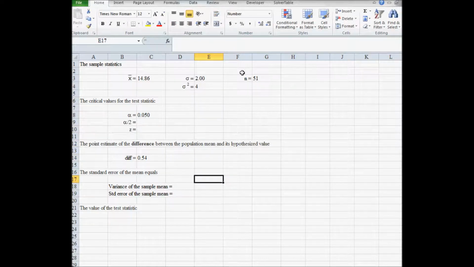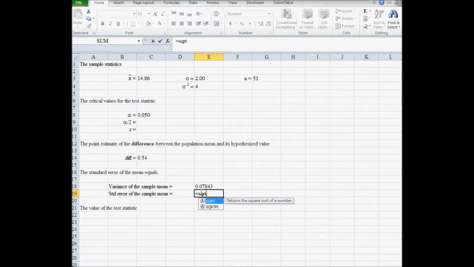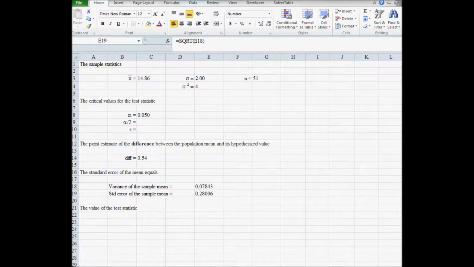The variance of the sample mean is smaller than the variance of the variable, because the variance of the sample mean is the variance of the variable divided by the sample size. The standard deviation of the sample mean, also known as the standard error of the mean, is equal to the square root of the variance of the sample mean.